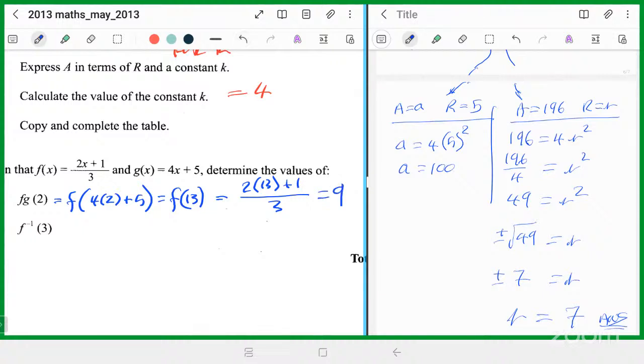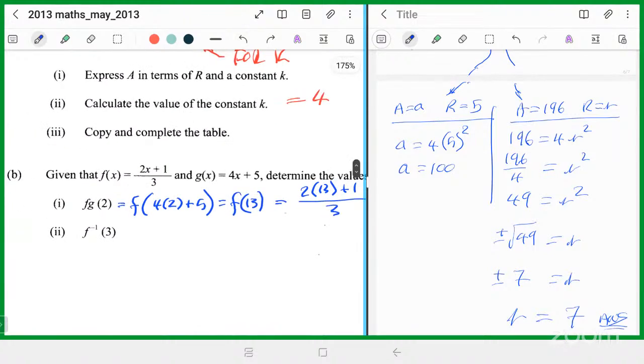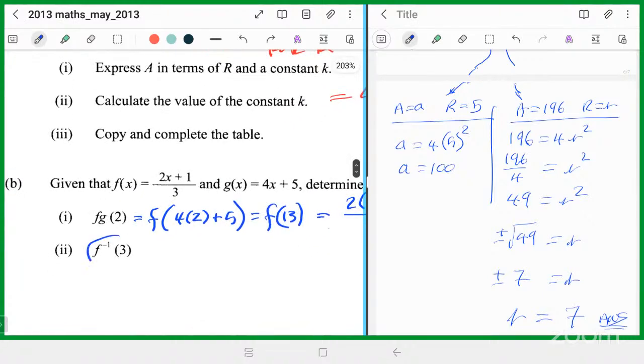Alright. So this one wants f to the minus 1 of 3. Let me just do it this way. I'm going to say let f to the minus 1 of 3 be equal to n. After working out f to the minus 1 of x, we have to calculate some inverse. So if f to the minus 1 of 3 is equal to n, then 3 is equal to f of n.